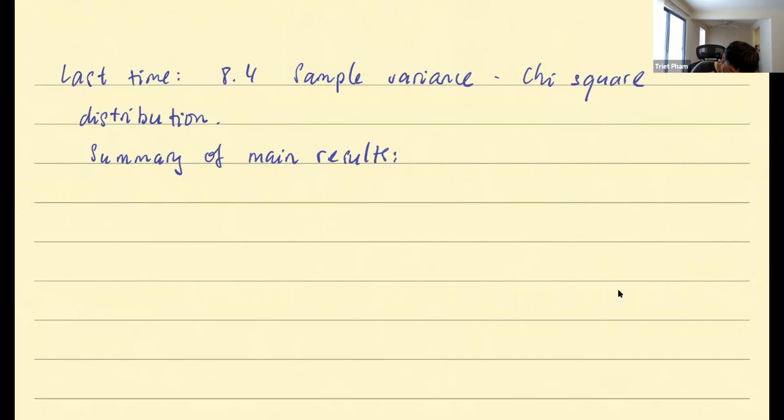So first of all, the definition of the sample. Maybe let me start out with the context. We always have the context that we have an IID sequence. This is our sample, our random sample.